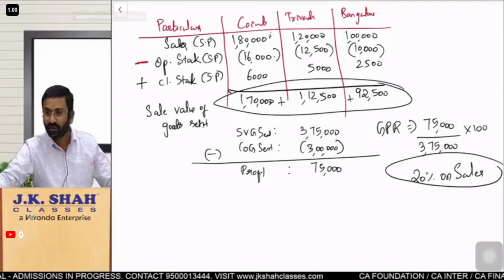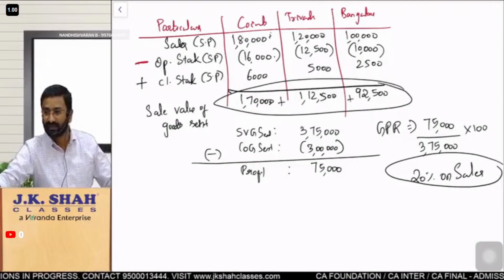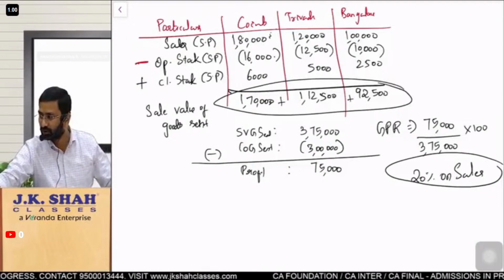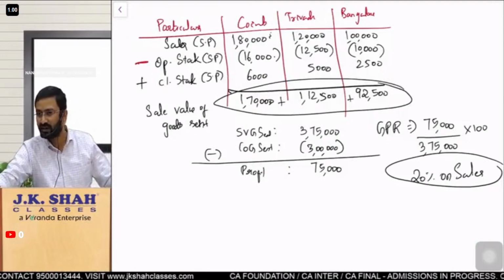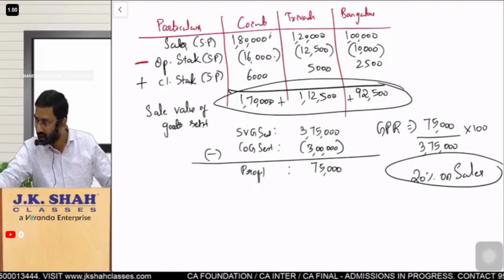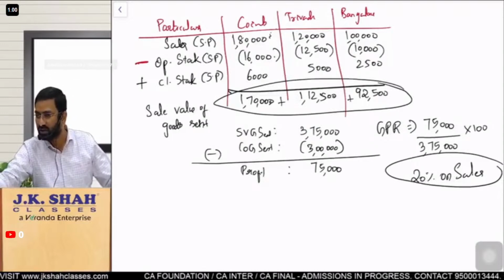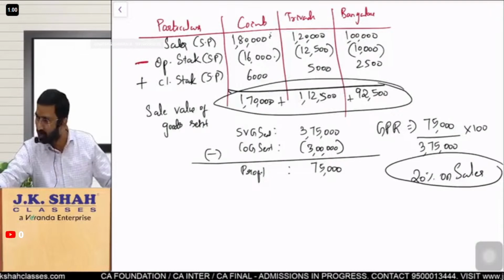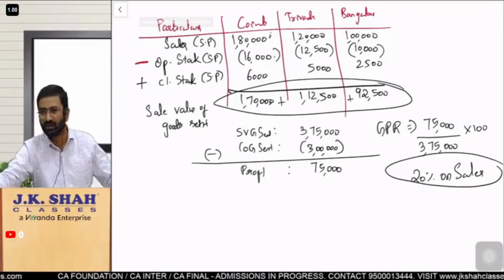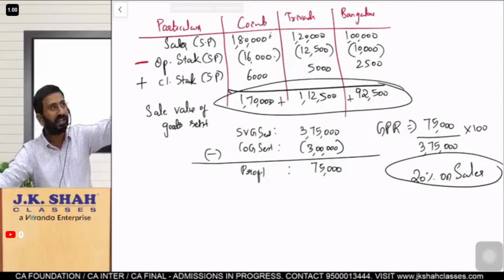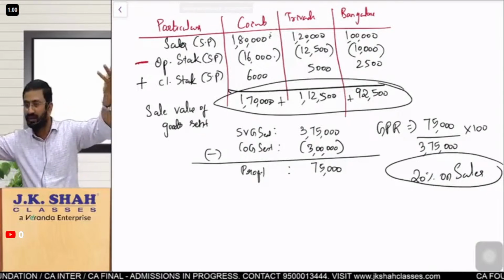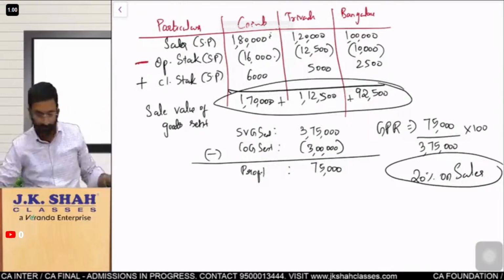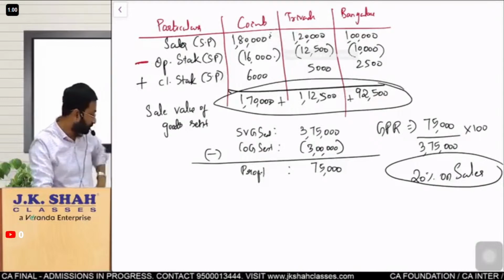Now you can start the problem. GP ratio we found out. So what are you asked here? Trading account. For trading account, everything has to be at cost. To get the cost, we found the GP. Once you know the GP, selling price is 100, GP is 20, so cost should be 80% of the figures. Anyway, make a note, then we'll do the trading account.